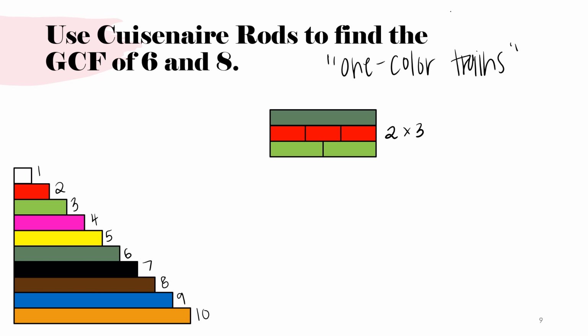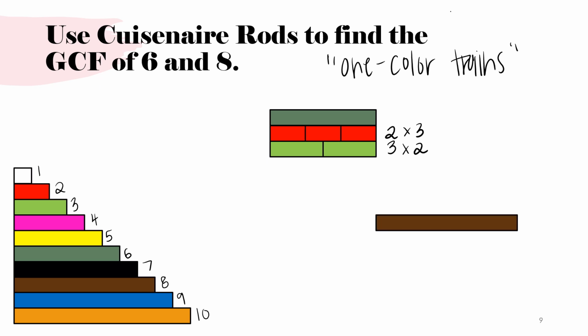This would be matching the expression 3 times 2, so the 3 rod times 2. There's no other one color trains that we could use to match the length of that 6 rod.